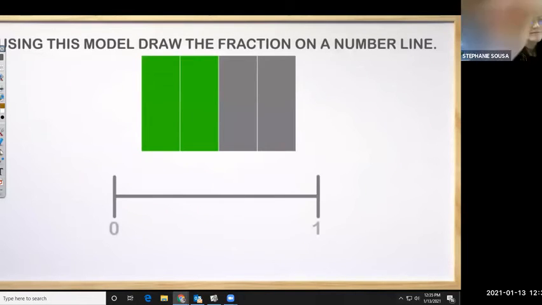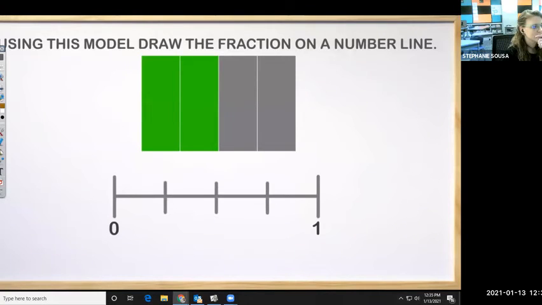We have the start to our number line. The 0 is where we start, and we have 1 at the end because we are talking about just one whole shape. The denominator is what tells us how many total parts there are. If we count each part of the rectangle, we see there are 4 total parts, so we divide the number line into 4 parts. Looking at the rectangle, 2 parts are colored green, so that is our numerator.